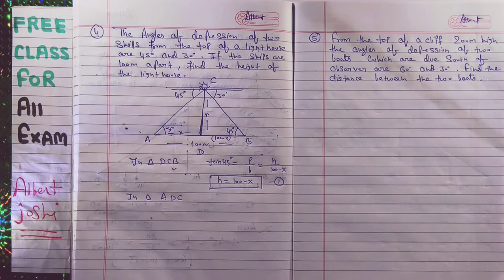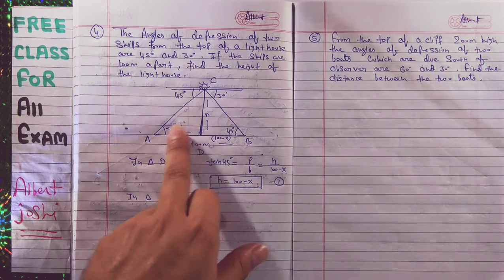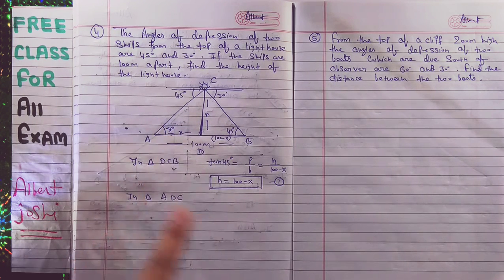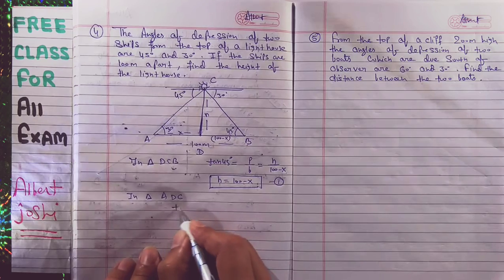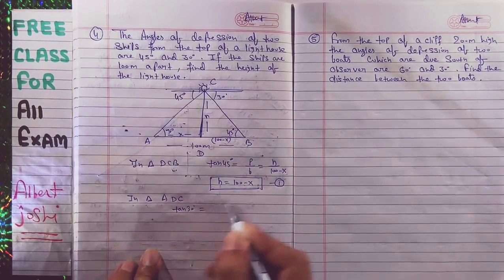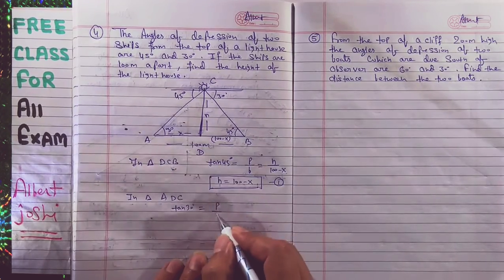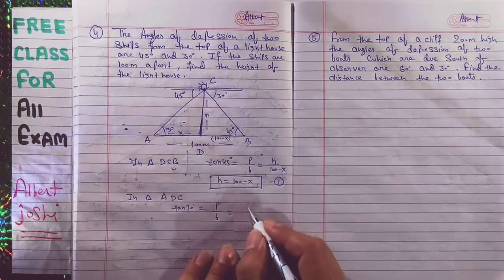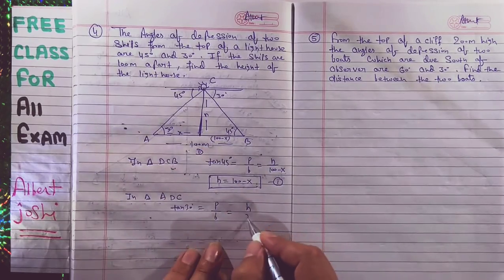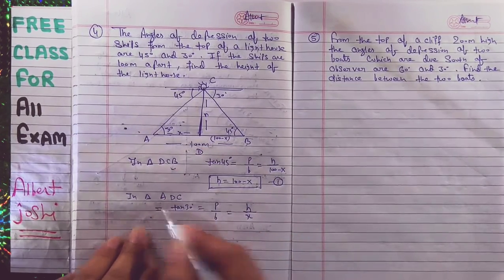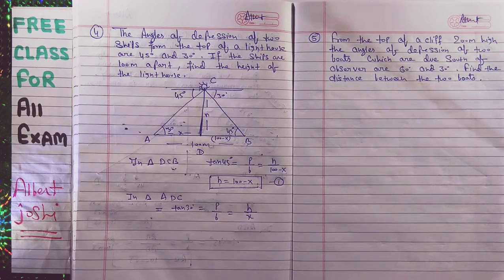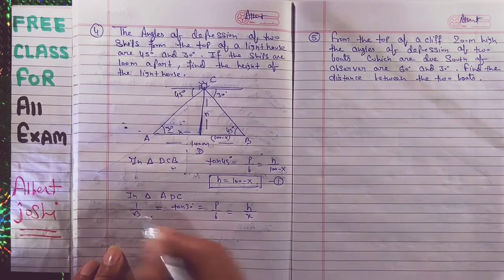We don't know this one. So tan 30 is equal to perpendicular upon base. What is perpendicular? Perpendicular is h, base is x. Tan 30, what is tan 30? So tan 30 is equal to 1 upon square root of 3.